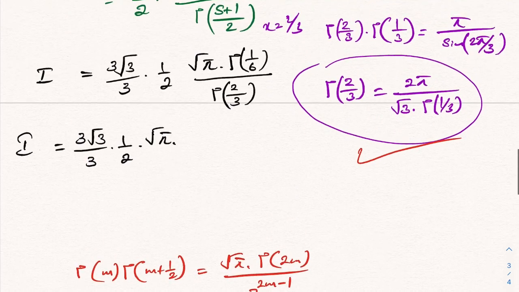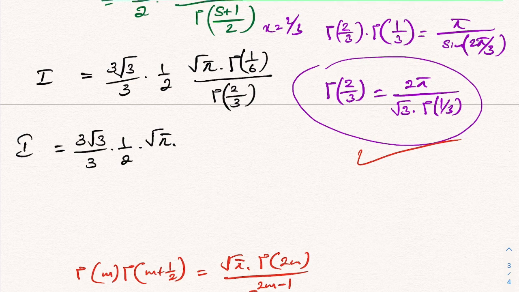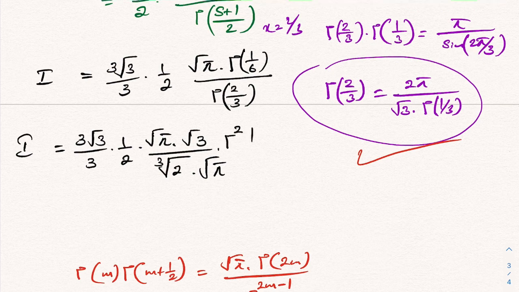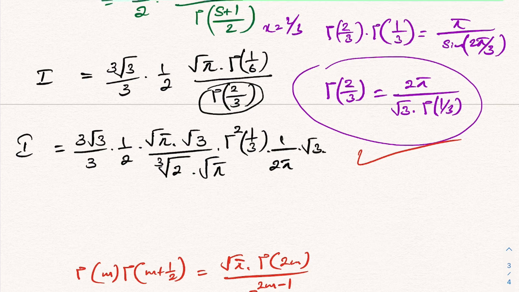So we can plug in here square root of pi times square root of 3 over cube root of 2 times square root of pi times gamma square of 1 over 3. Then we need to divide by gamma of 2 over 3. So we have 1 over 2 times pi times square root of 3 times gamma of 1 over 3.